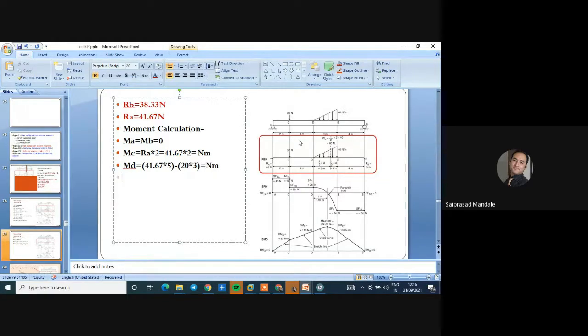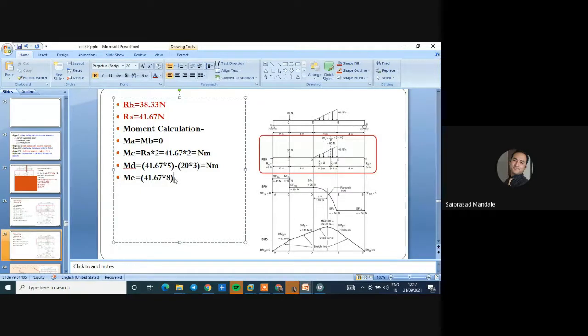Okay. Moment at E is equal to 41.67 into how much? 8, or 8 na? 2, 5 and 3. 8. Perfectly correct.